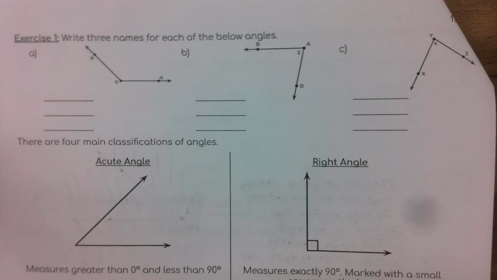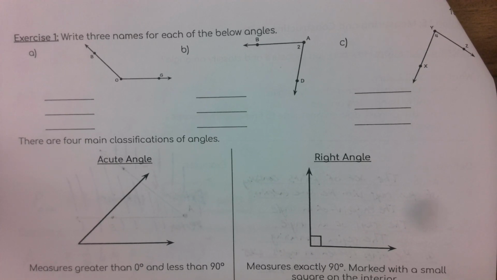So, let's talk about some names for these angles. I'm going to do example A here, and then I want you to do examples B and C. It asks us to write 3 names for the below angles.